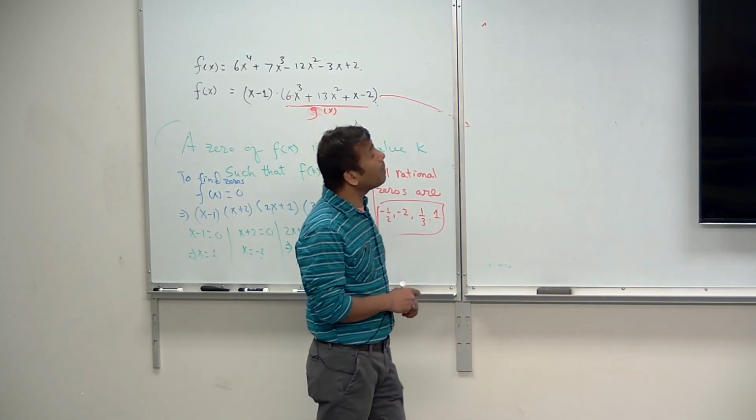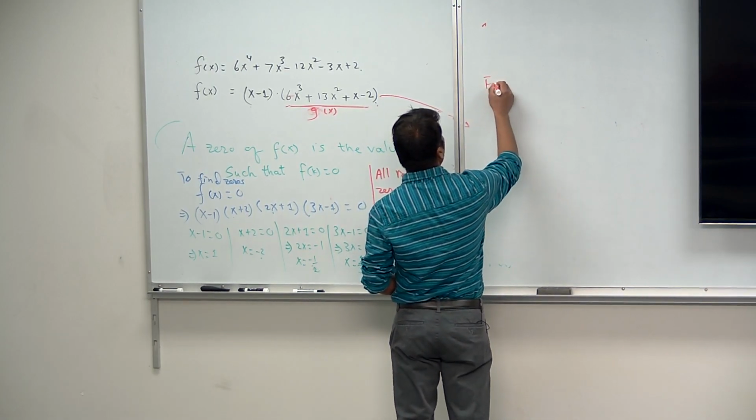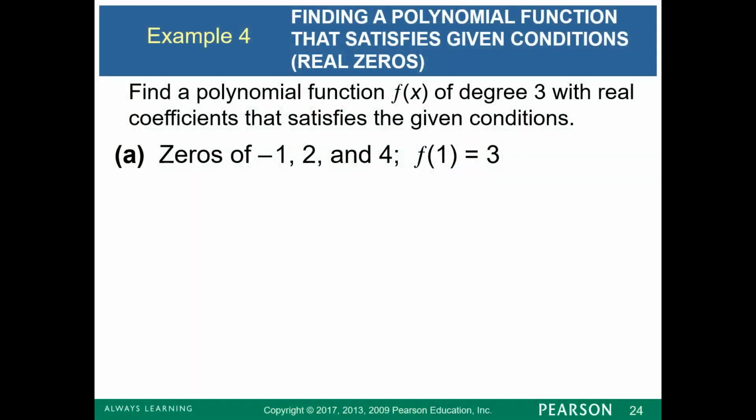Find a polynomial function f(x) of degree 3 that satisfies the conditions: zeros of -1, 2, and 4, and f(1) equal to positive 3.